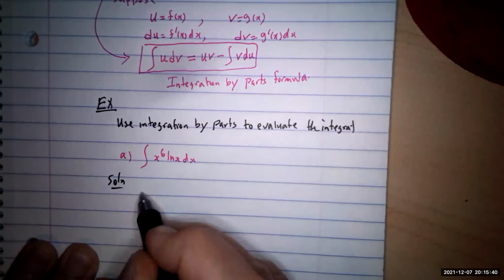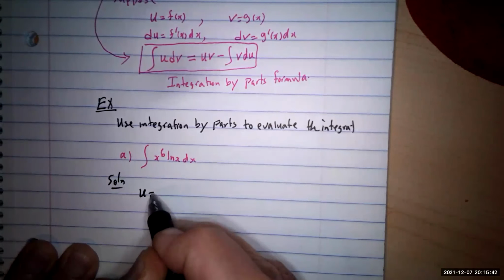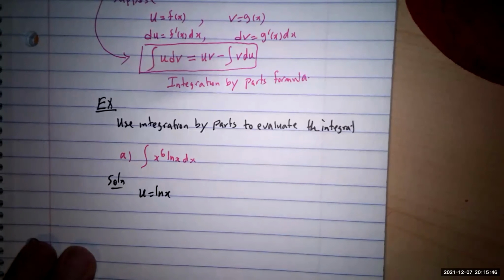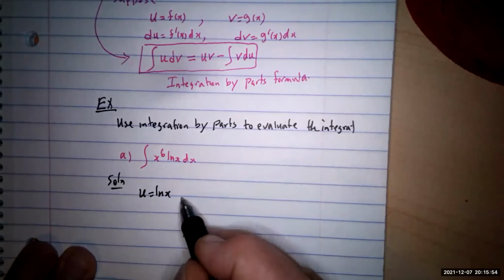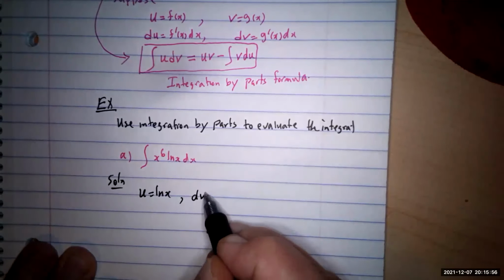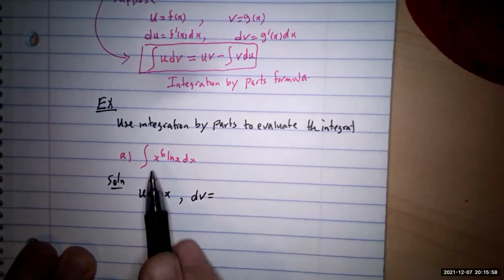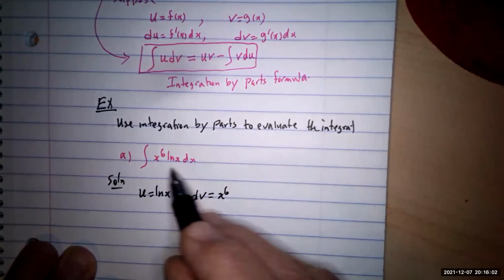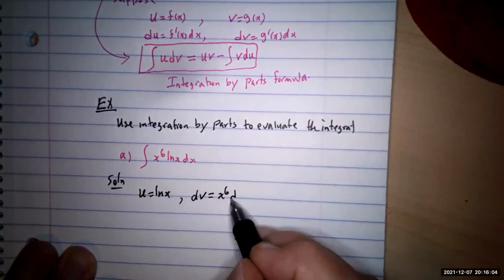You take u to be ln x. U to be ln x all the time. Why? Because it's easy to differentiate, because you have to find the du. So take u to be ln x, and dv is the leftover. What's going to be the leftover? X to the 6 dx.